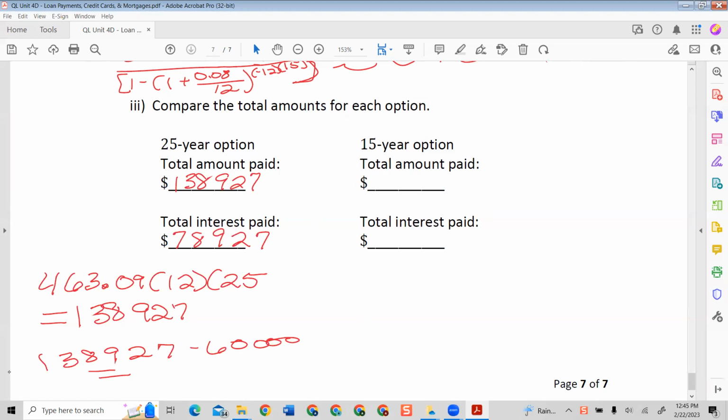Now let's figure out the 15 years. We're going to pay $573.39 times 12 months times 15 years. So now I get $210.20.